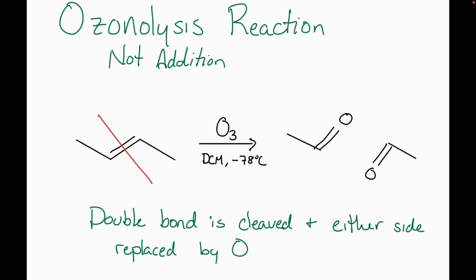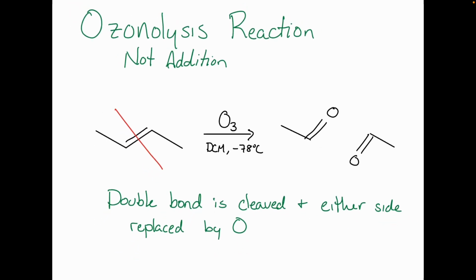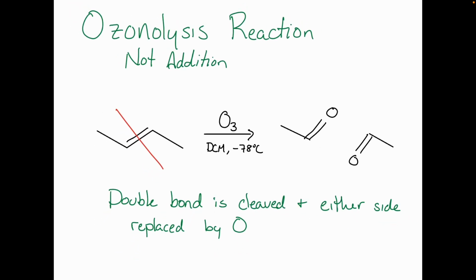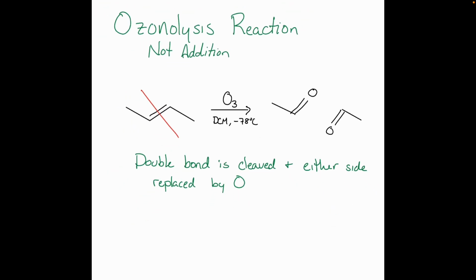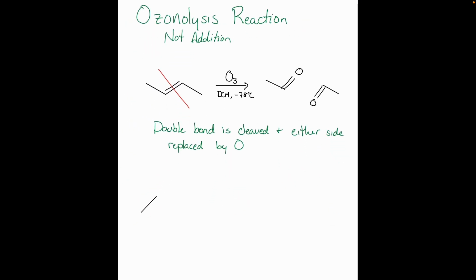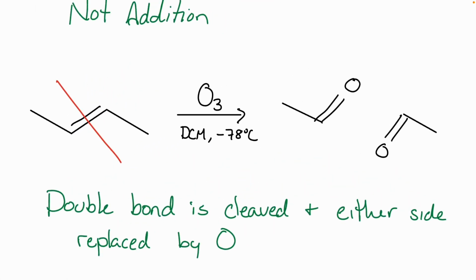This is one of these reactions that we're going to study where the only thing we need to know about it are these substrate, reagent, product combinations. We don't have any mechanism or stereo or regio or anything like that. All we have to know is what the products are going to be. In this case, let's just note that I drew both of my fragments here, but they're identical, so I only have to draw the one.